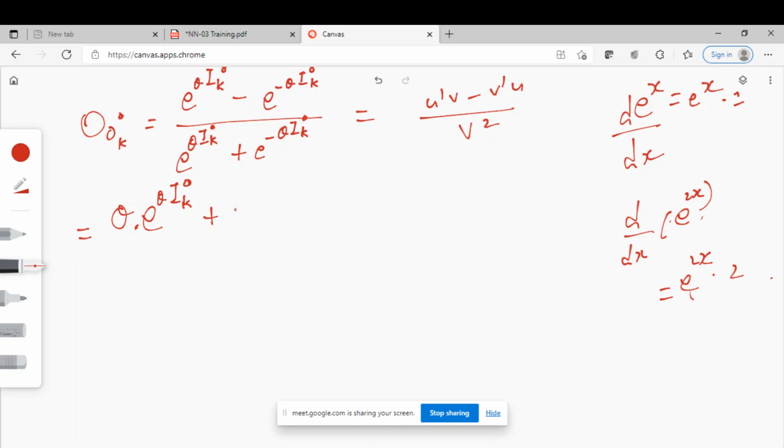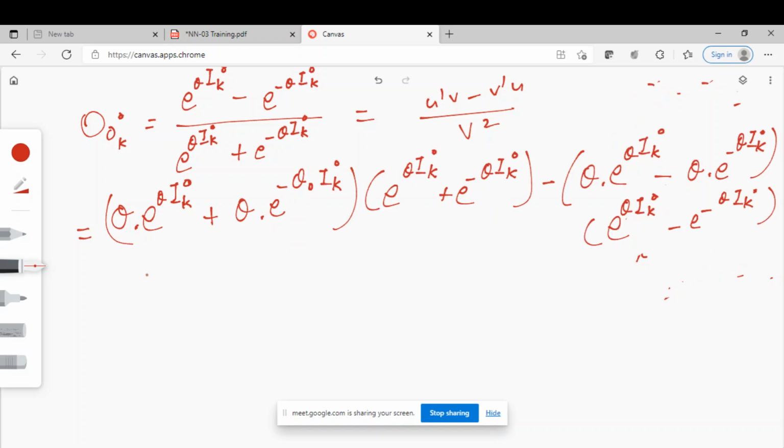So this is v dash, and v dash into u, with the numerator part as it is, e power theta I_ko minus e power minus theta I_ko. The whole thing is divided by v square, e power theta I_ko plus e power minus theta I_ko, the whole square.